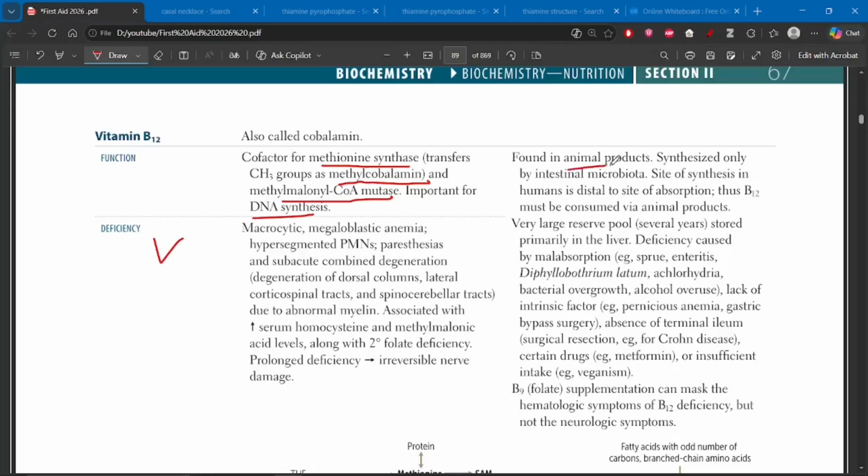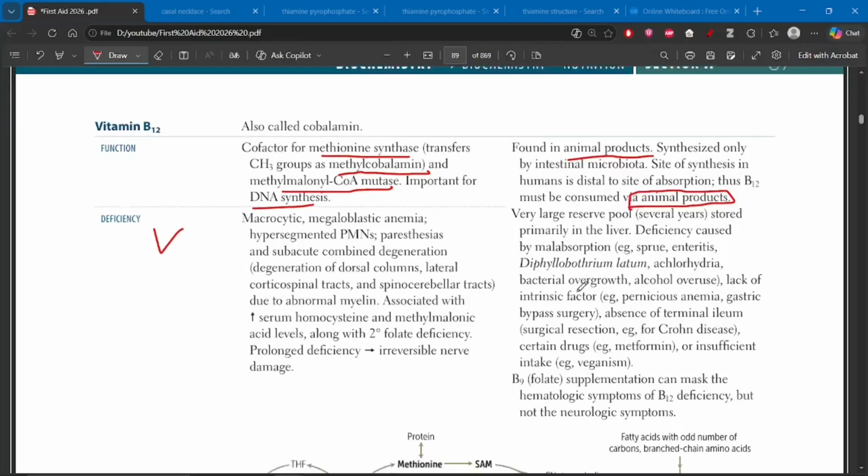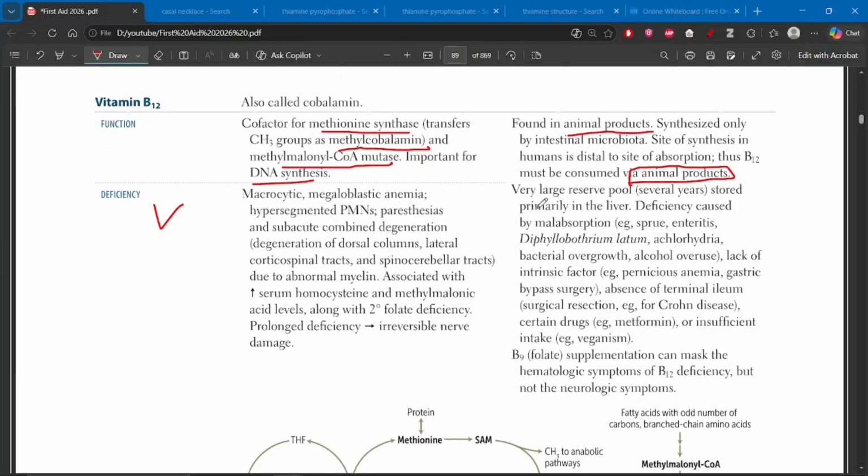It's found mostly in animal products, as opposed to B9, which was found in green vegetables. Synthesis in humans is distal to the site of absorption, so B12 must be consumed via animal products in sufficient quantity. So a vegan person might have a deficiency, right?